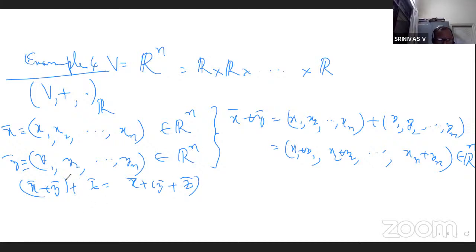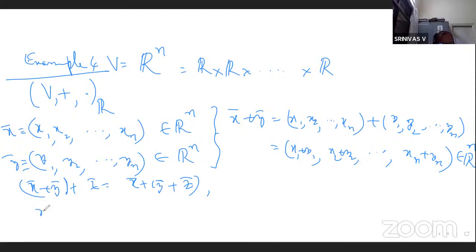You can show this for any x bar, y bar, z bar coming from Rn. This speaks about the associativity of vector addition. This is because in R, addition of real numbers is associative. That's why you have this.